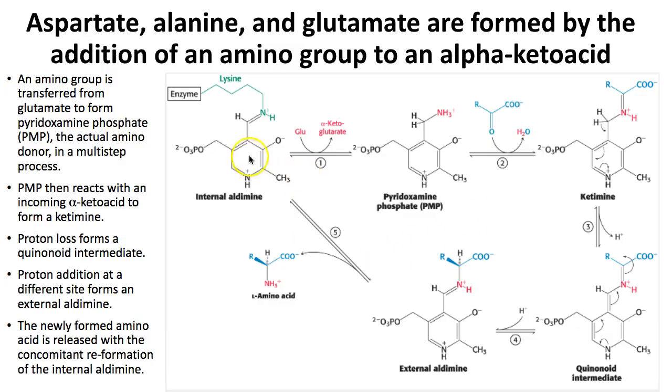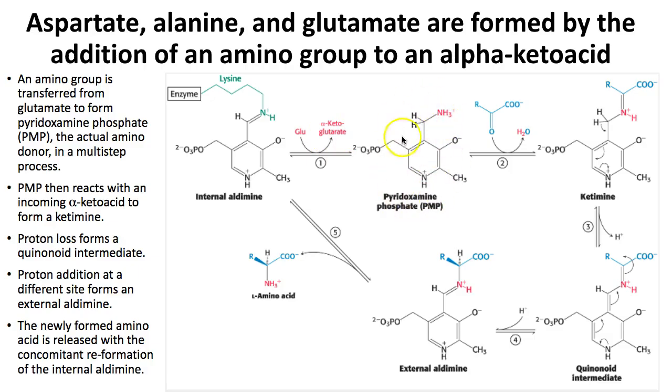What happens is right here you have this internal aldimine, and it's internal because it is attached to an enzyme site where the residue is lysine, directly attached to this key intermediate, the aldimine. Then glutamate releases this bond from the internal enzyme to end up having alpha ketoglutarate form, and you have this free amino group that is here.